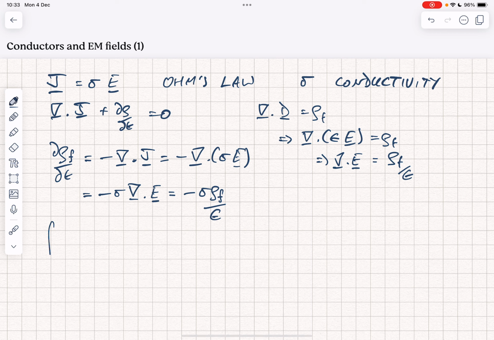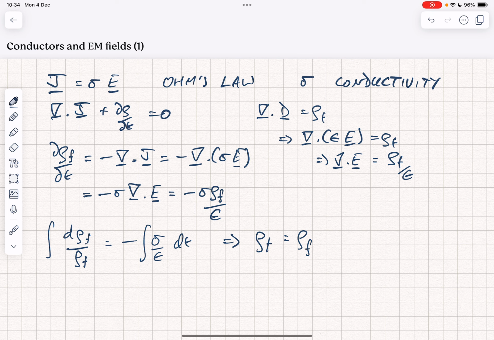So what we would typically write is the integral of d rho free over rho free is equal to minus the integral of sigma over epsilon dt, and therefore rho free is equal to rho free at t equals 0, e to the minus sigma over epsilon times time.